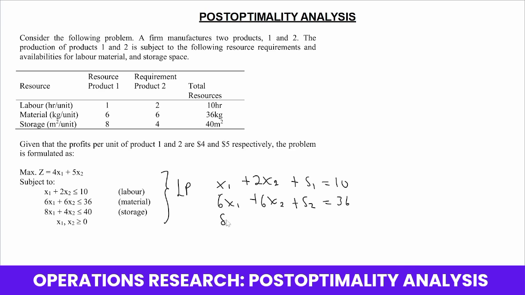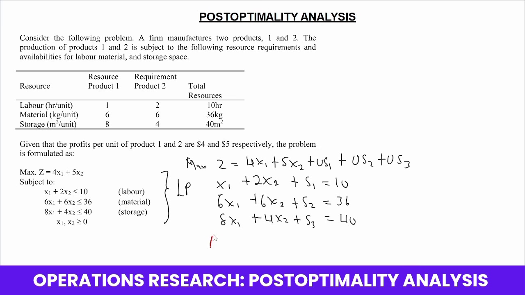Then we have 8x1 plus 4x2 plus s3 equal to 40. So our objective function will now be 4x1 plus 5x2 plus 0s1 plus 0s2 plus 0s3.